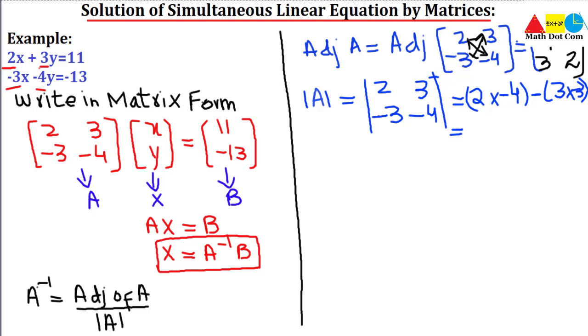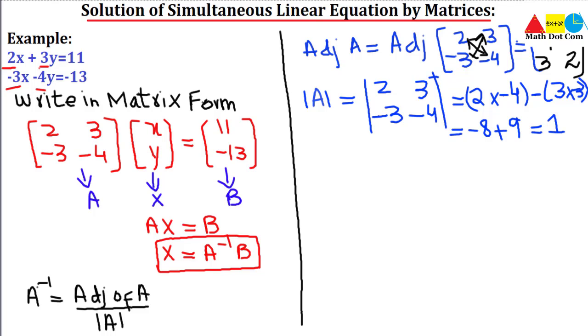Then 2 into minus 4 is minus 8, minus 3 into 3 is minus 9, and minus into minus is plus 9, and what we get is 1. So the determinant of A is 1, and the adjoint of A is what we have found.